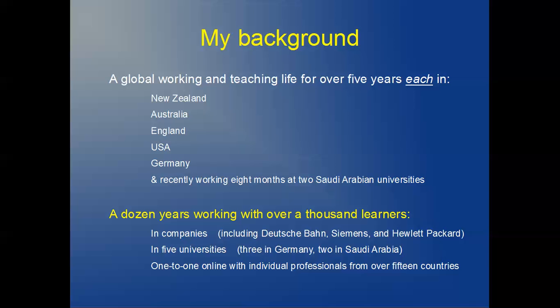It has been global since I grew up. My first 20 years were only in New Zealand. So New Zealand, you have to fly for over 2 hours to the next country. So my first 20 years only in New Zealand. But then my life has been global.